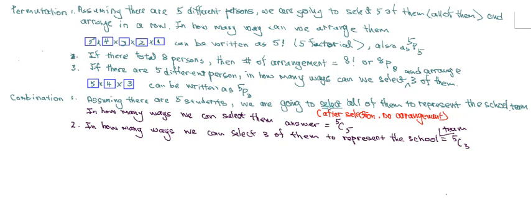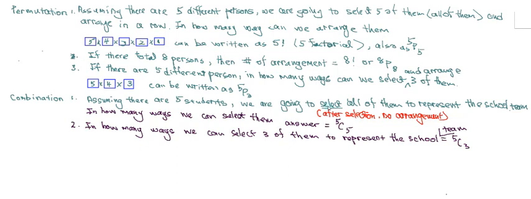Now, if you select A first, B second, C third, that forms one way. What about if you select B first, A second, C third? Is it a different way? No, it's the same, because the team consists of the same people.